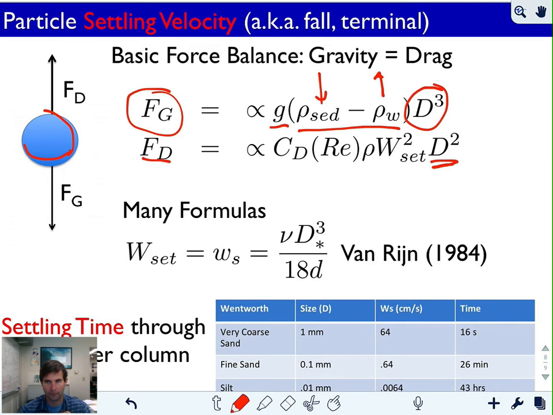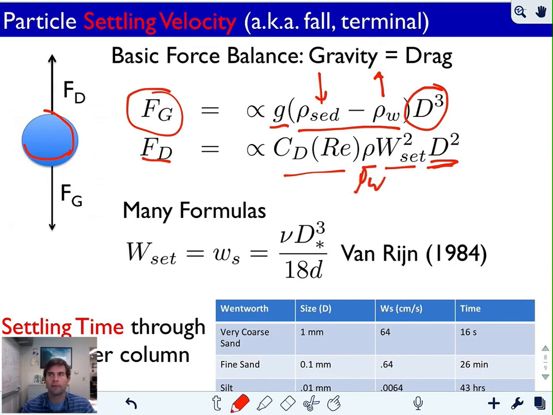All these drag forces we typically write as a drag coefficient times the density, times the velocity squared, times an area. In this case, the characteristic area that we use for a sphere is the diameter squared to set the drag coefficient. So drag coefficients are established using different characteristic lengths and areas. For a sphere, we use diameter squared, and that drag coefficient depends on the Reynolds number. It's not a fixed number. And rho is the rho water.